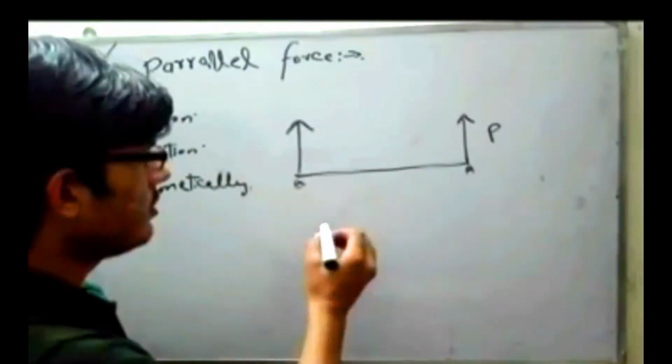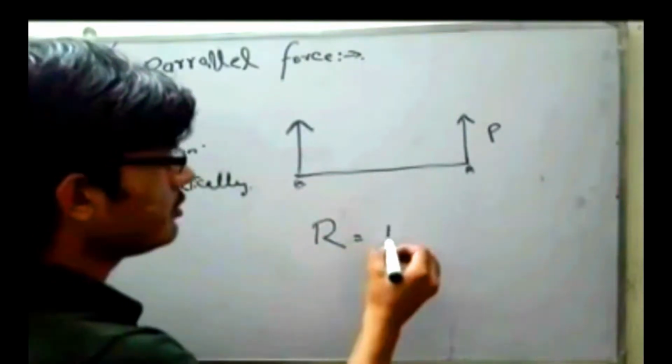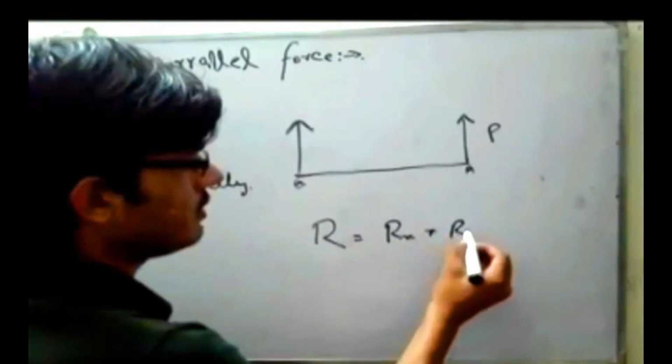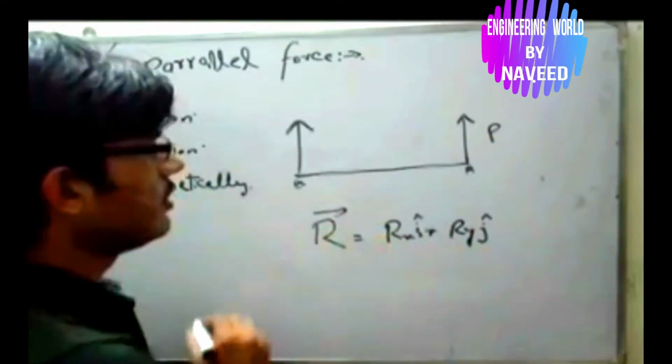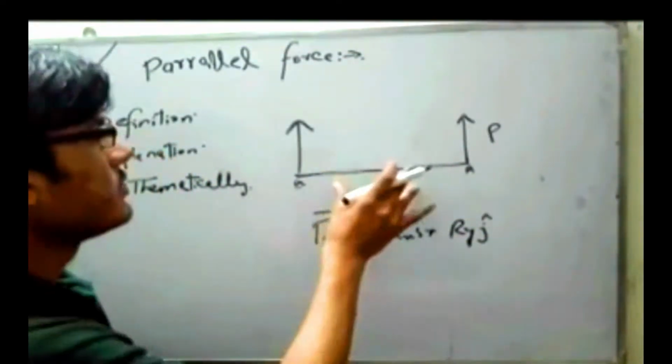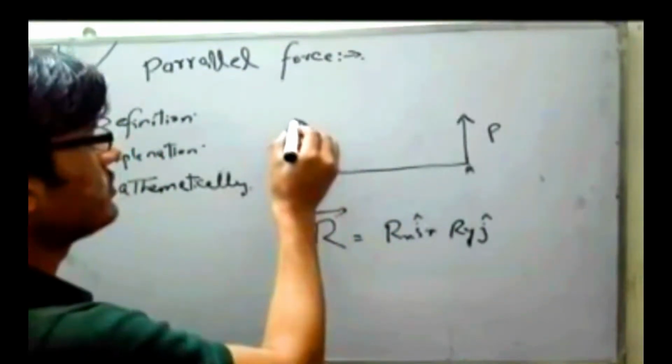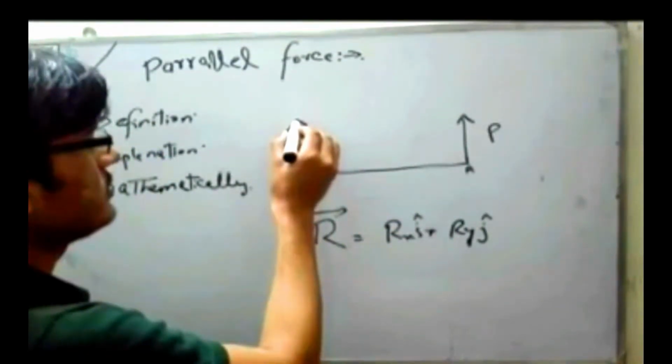First of all, as we know, the resultant is equal to Rx plus Ry. For this we resolve this vector into its components like this.